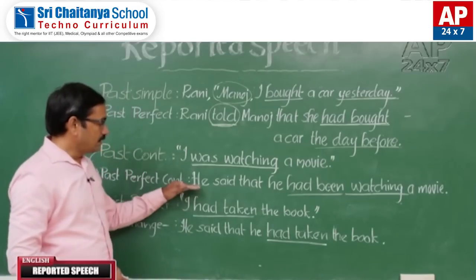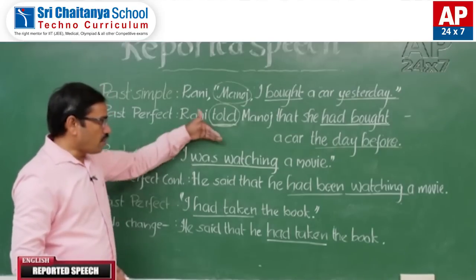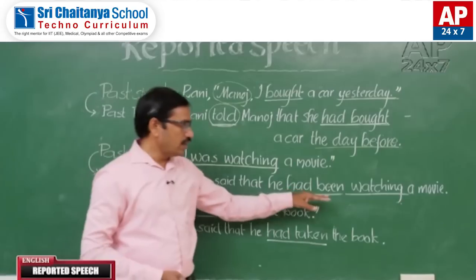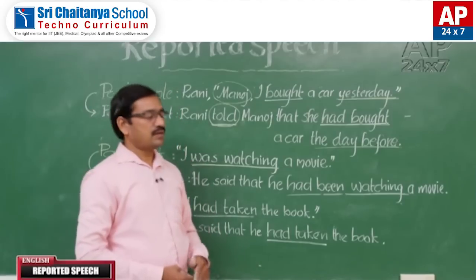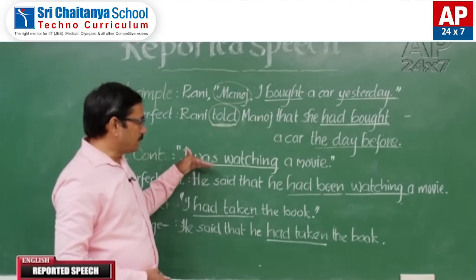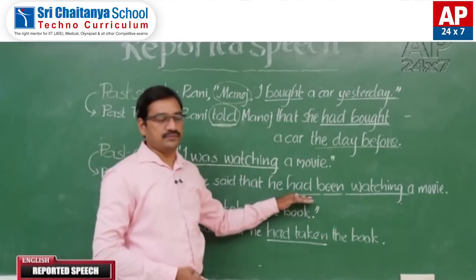We can say: He said that he had been watching a movie. Was watching is past continuous, changed into had been watching, past perfect continuous. So, simple past is changed into past perfect and past continuous is changed into past perfect continuous.